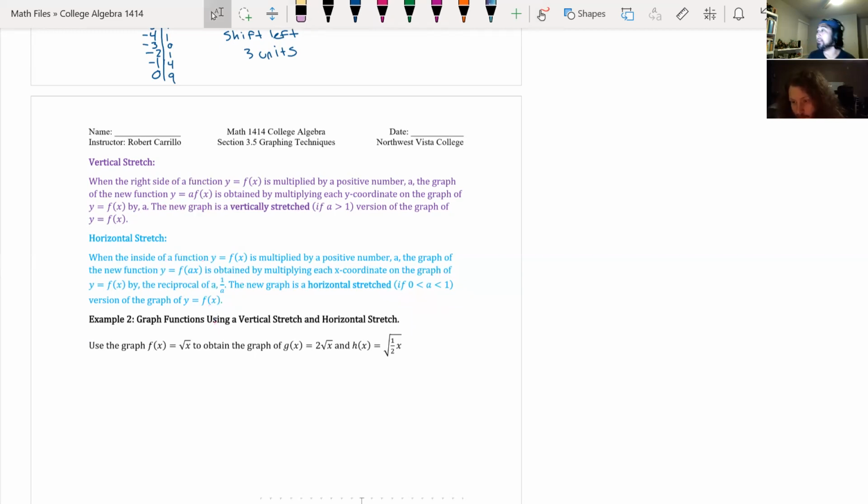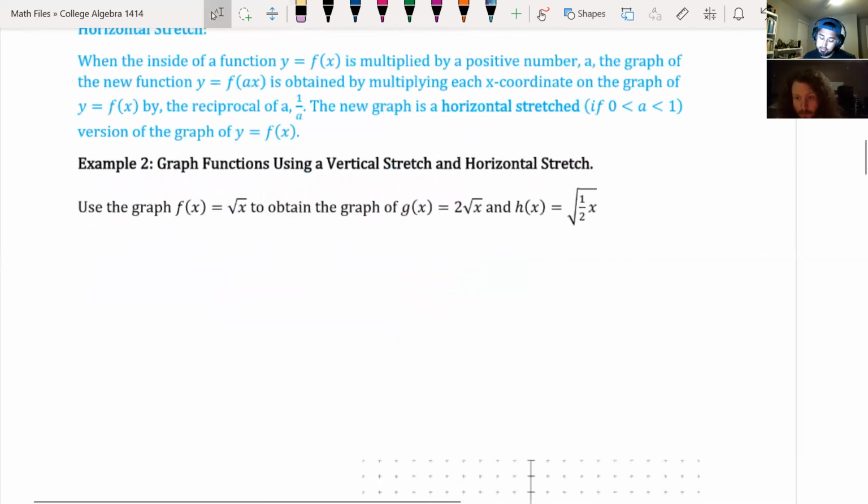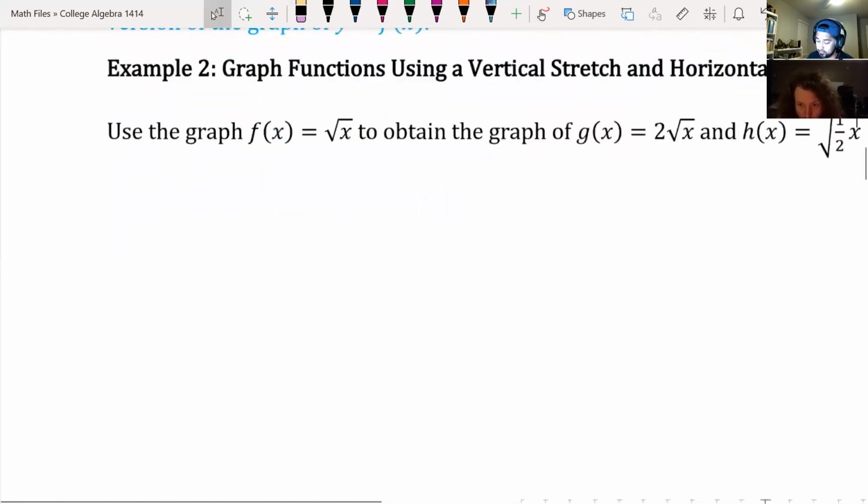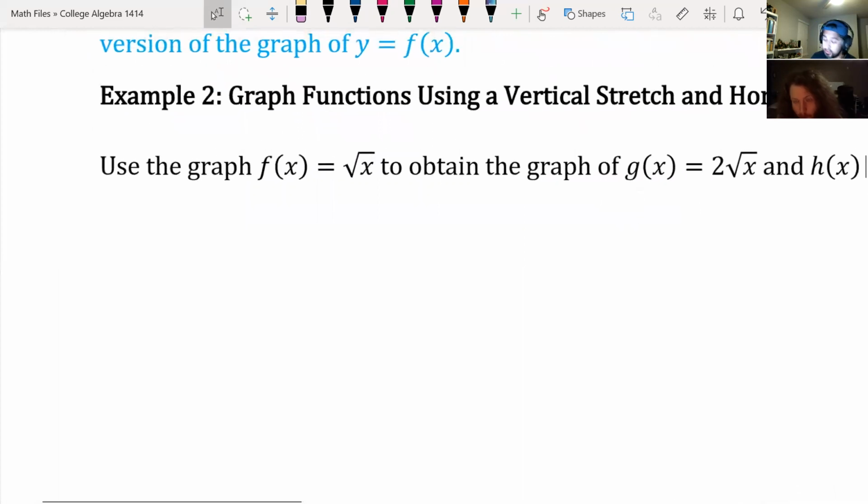Okay, so let's go ahead and try our stretches out by manipulating the parent function, the square root of x. So once again, we'll just do this by xy charts.